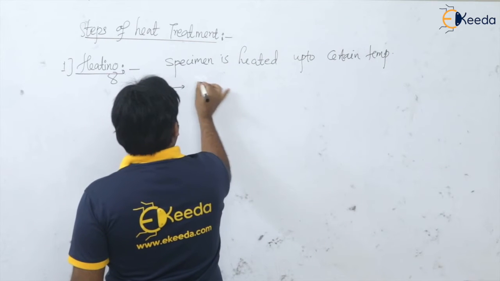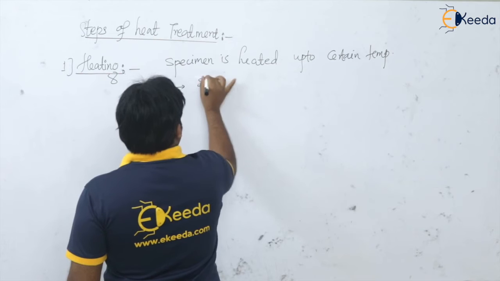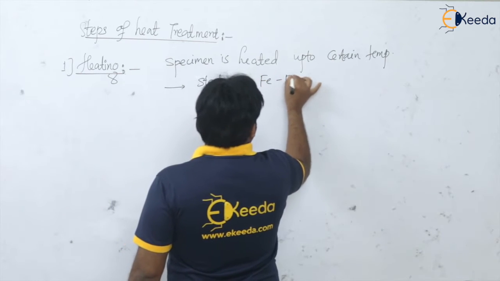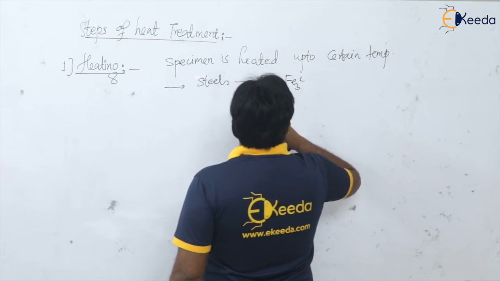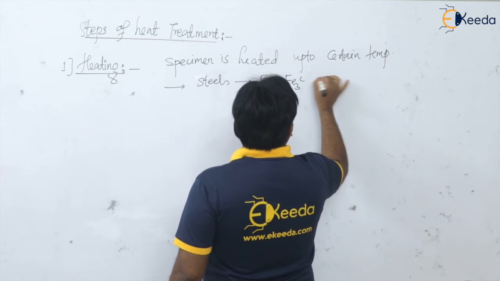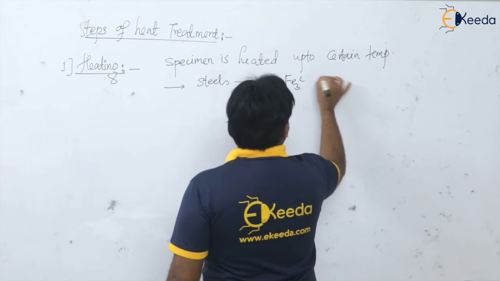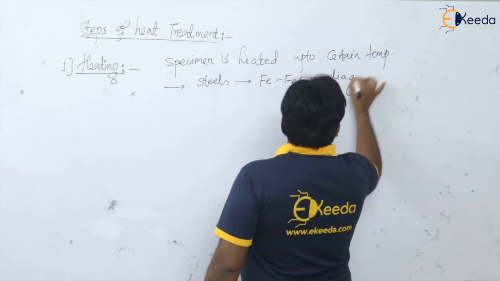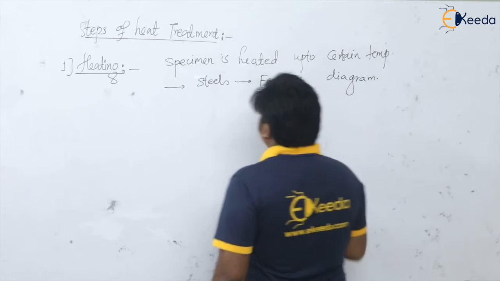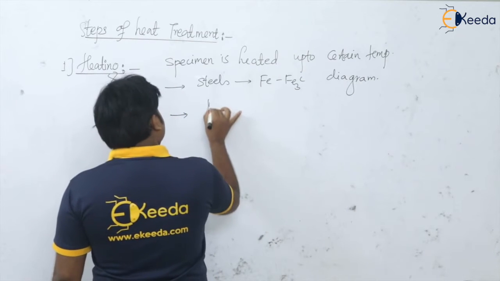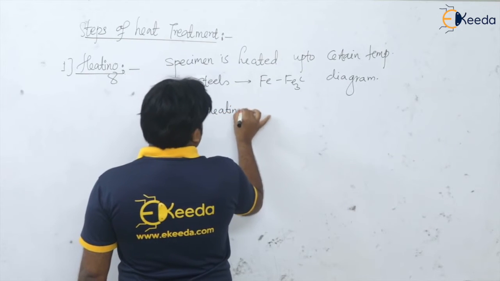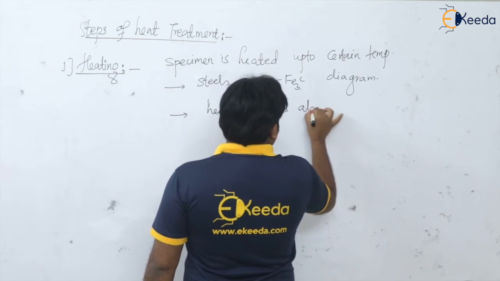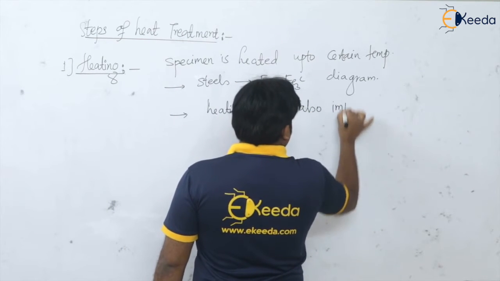For example, if you take steels, for steels this temperature is read from the Fe-Fe3C equilibrium diagram or phase diagram, isn't it? Then at what rate you are heating? Heating rate is also very important.